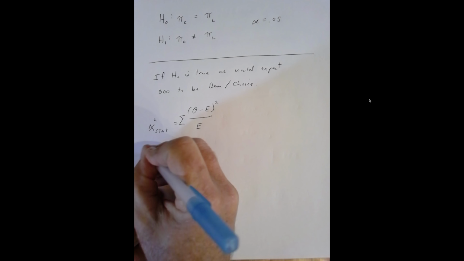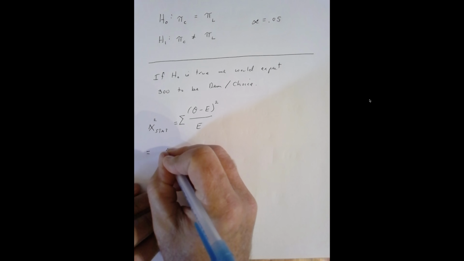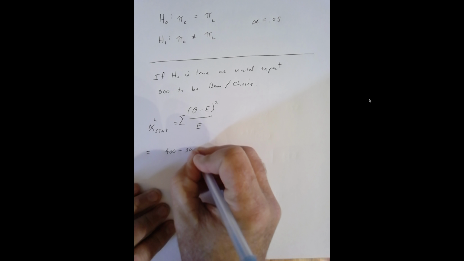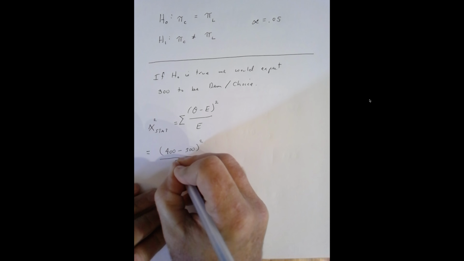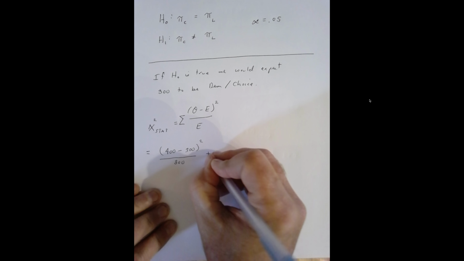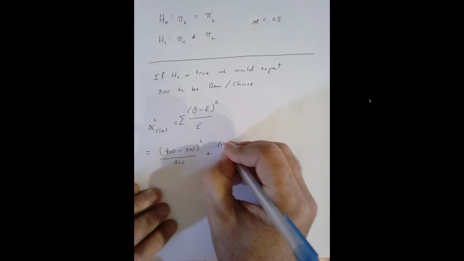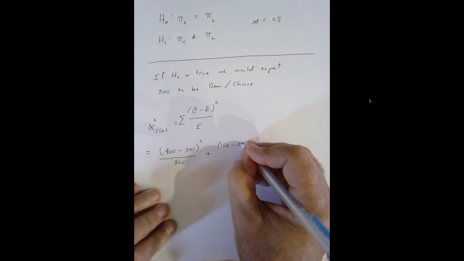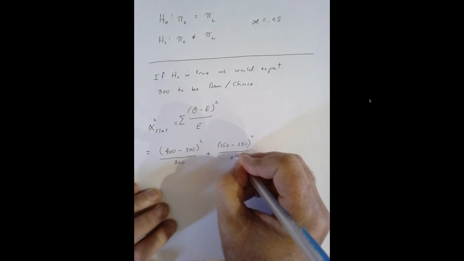For the first cell, our observed count was 400, our expected count was 300, squared over 300. Our second cell, the Democrat pro-life, our observed was 150, our expected was 250, over the expected.